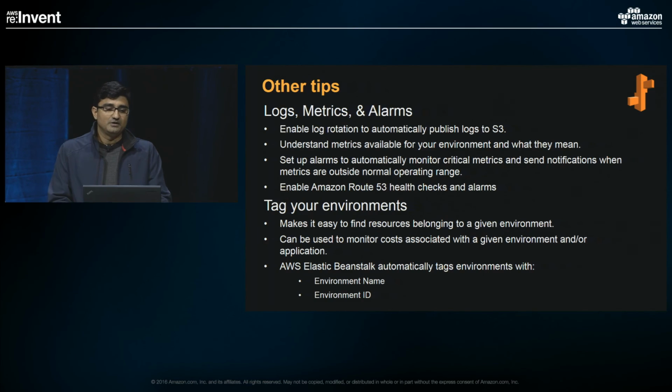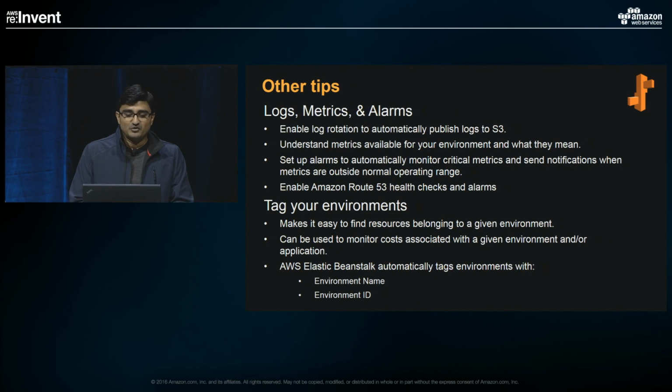These are some of the other tips that I have for you. You should always enable log rotation to automatically push logs to S3. This saves you the hassle of looking for logs, and you have a store location where you can extract the logs that you want to use.